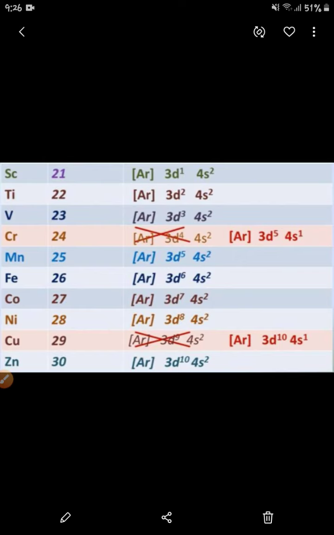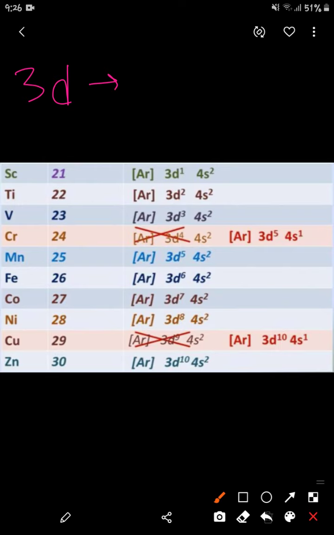Next, I am going to discuss the atomic numbers of the first series, the 3d series. Its general electronic configuration can be written as 3d 1 to 10 and 4s2. The first element is scandium, atomic number 21.